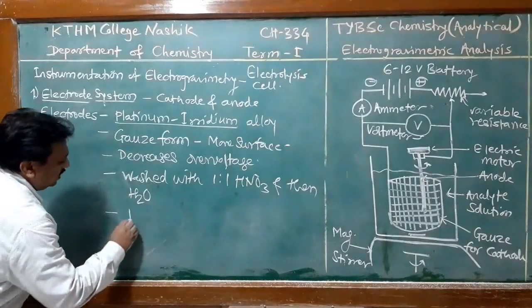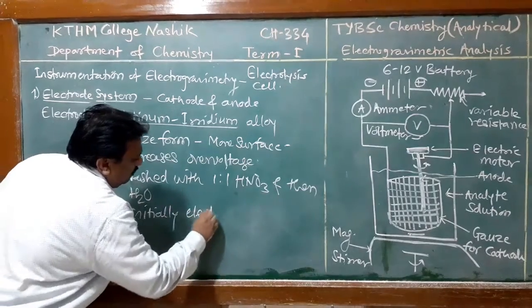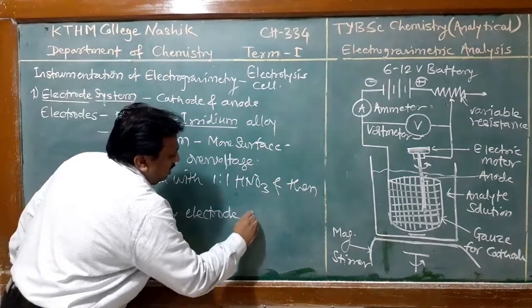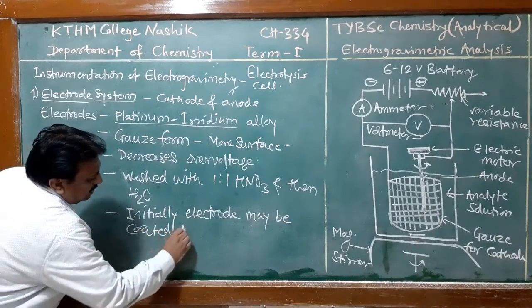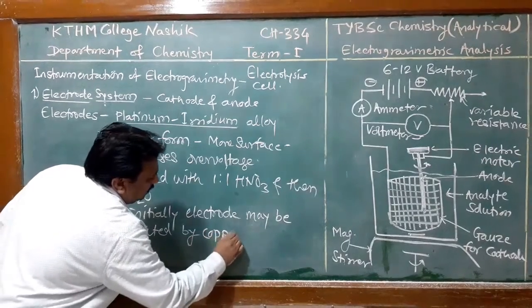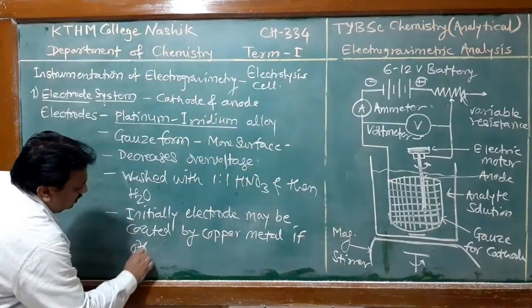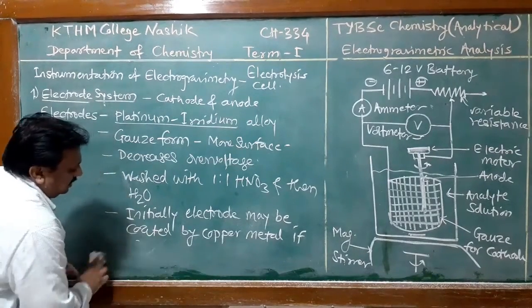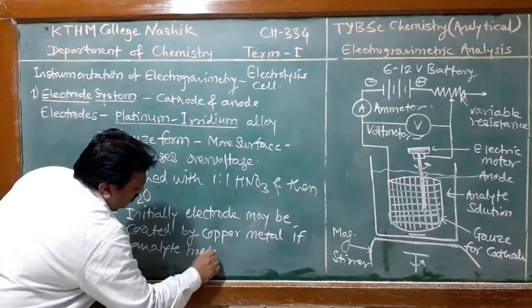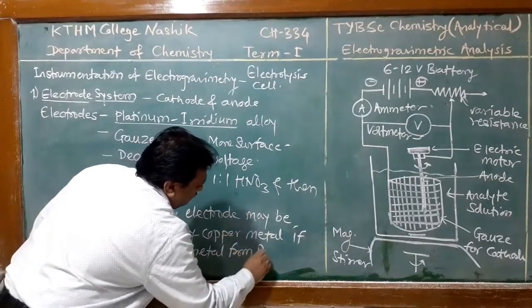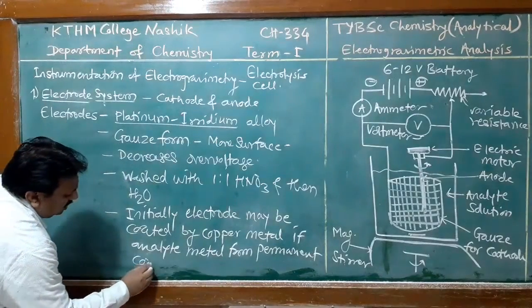Therefore, initially the electrode may be coated by copper metal if the analyte metal forms a permanent coating.